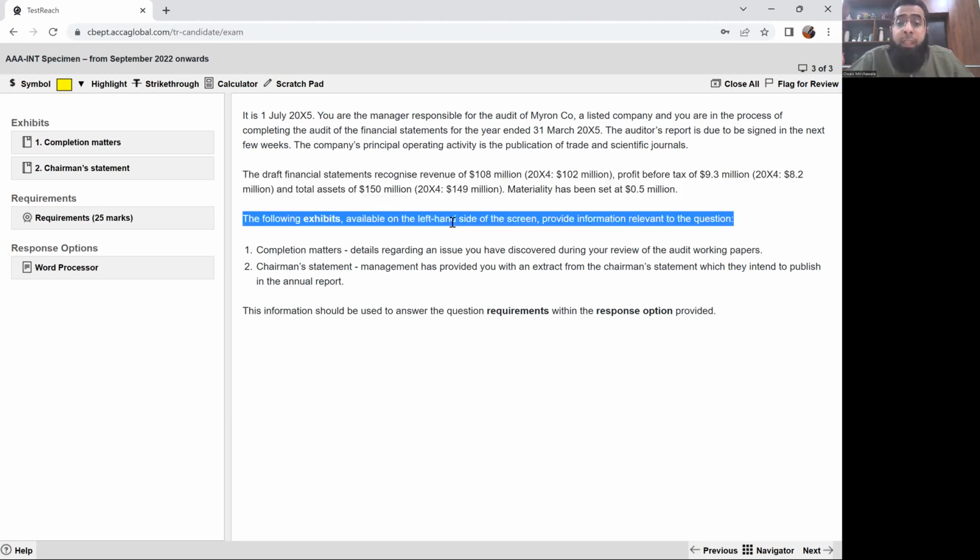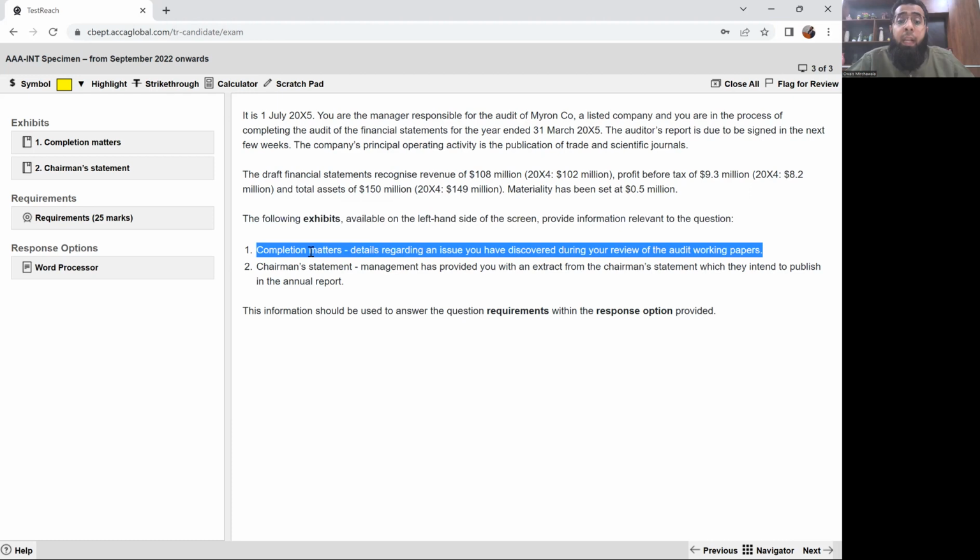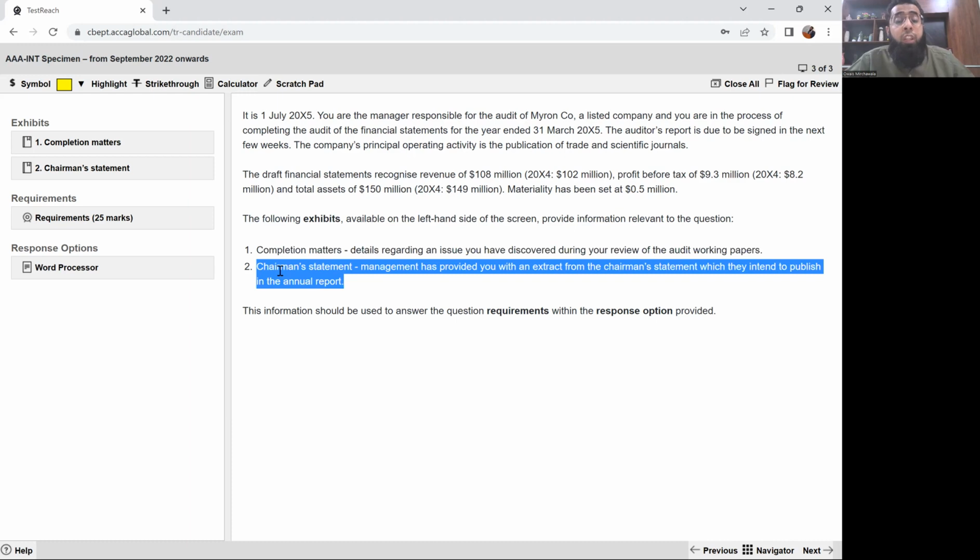The following exhibits, available on the left-hand side of the screen, provide information relevant to the question. Exhibit 1, completion matters: details regarding an issue you have discovered during your review of the audit working papers. And Exhibit 2 is the chairman's statement. Management has provided you with an extract from the chairman's statement, which they intend to publish in the annual report.